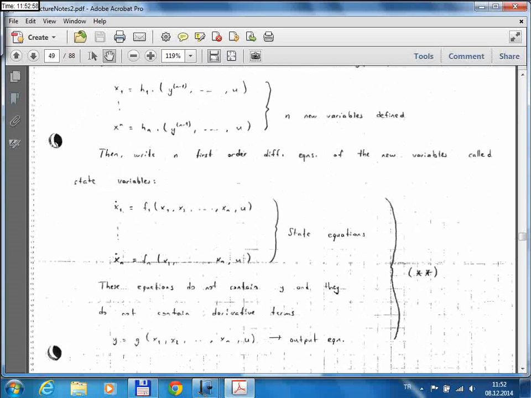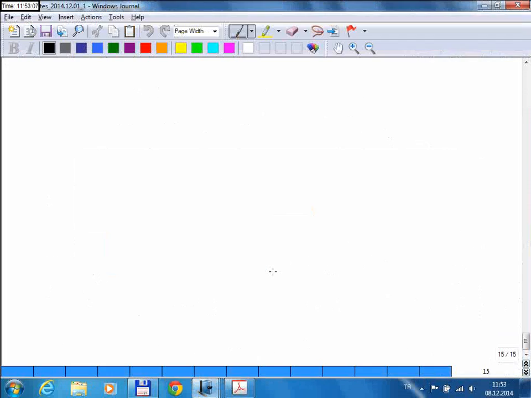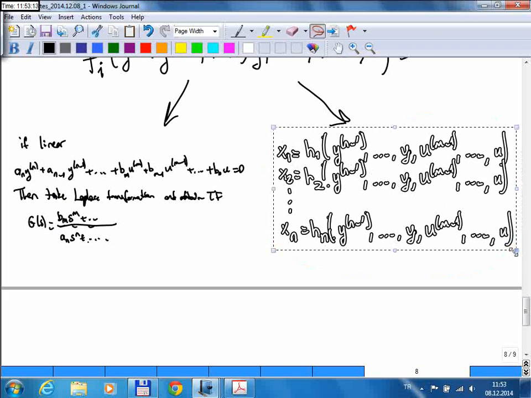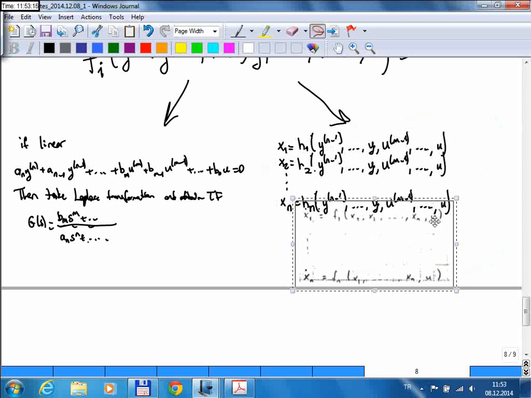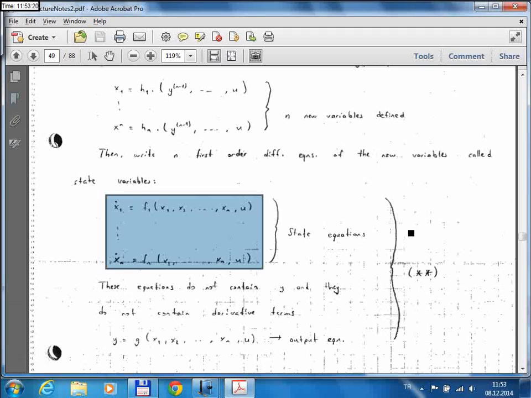Okay, so these are the state equations. Let me make them smaller. The state equations, and then I should add the output equation.